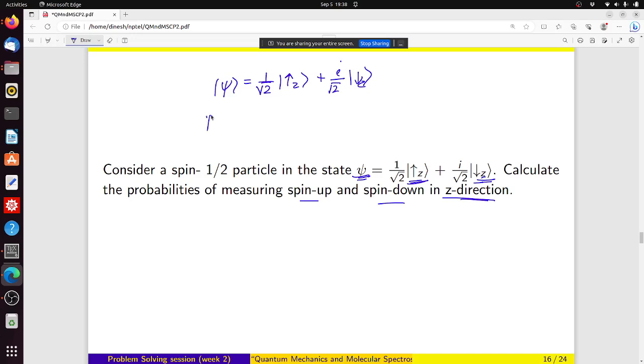What will be the probability of spin up? The wave function is given. What will be the probability of spin up?